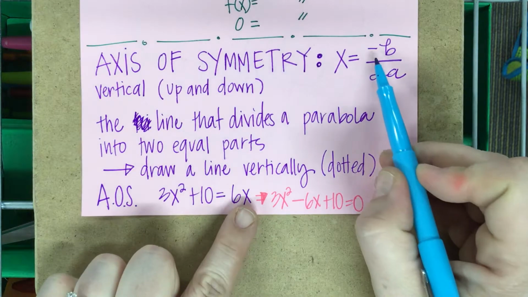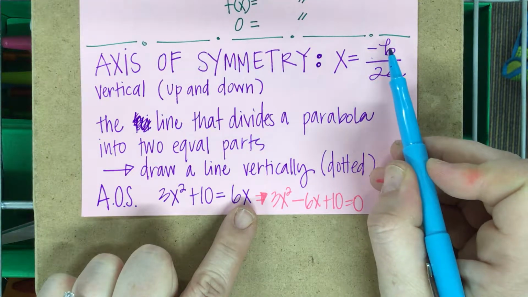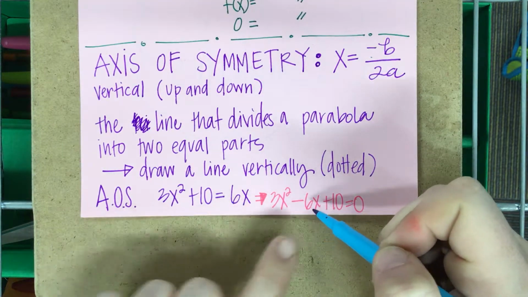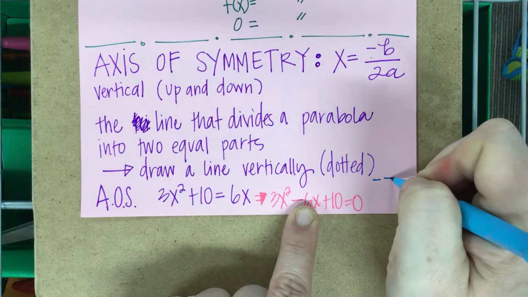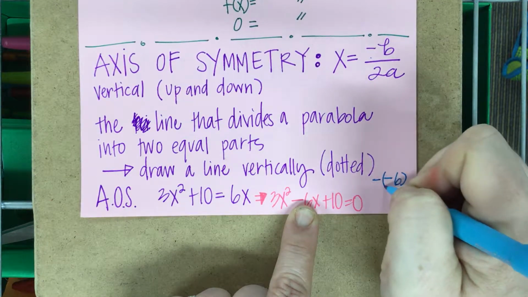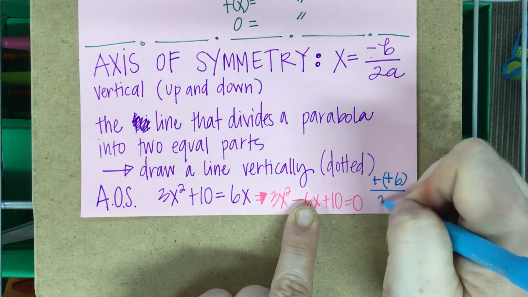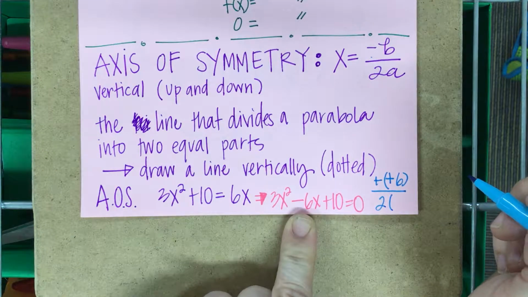And so negative b, or the opposite of b, what's the opposite of b? The b value is negative 6, so that's like saying negative negative 6, correct? Which is positive 6, over 2 times, what's your a value? 3.